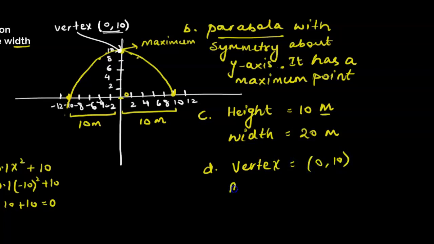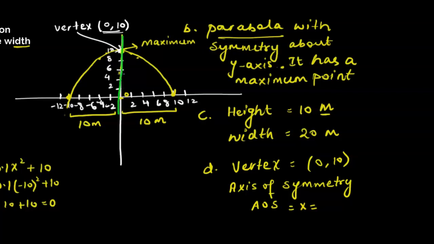Next, we have to find out the axis of symmetry. Axis of symmetry has an acronym, AOS. We can write it down as AOS. So axis of symmetry is nothing but the symmetrical line that divides the graph into two equal parts. Parabolas will always have an axis of symmetry, and in this case, the axis of symmetry is this line. When we write the equation for a vertical line, we describe it as x equal to the value at which this vertical line crosses the x-axis.